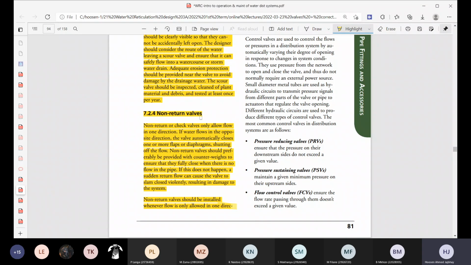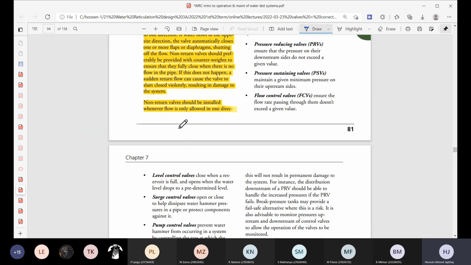Non-return valves are commonly used in pump stations where you have a pump. If you pump, you're generally pumping upwards, you're not pumping downwards. Let me just draw a diagram here. So if you have a pump at that point over there, and then you're going to pump the water up like that. Right? You wouldn't pump downwards because then you can get gravity flow. So why would you use a pump?